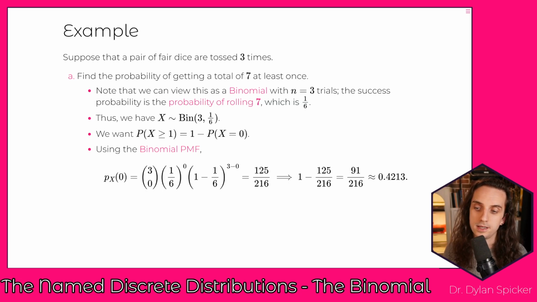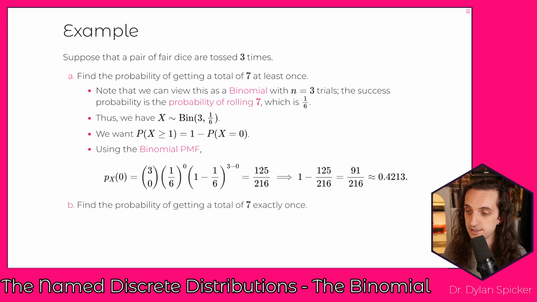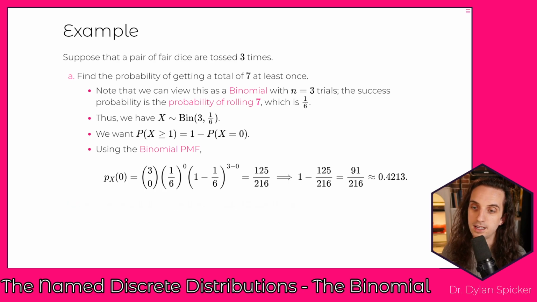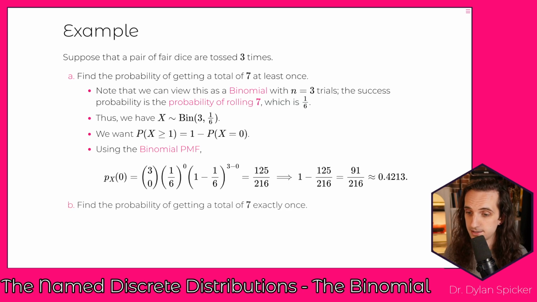Using the binomial PMF, we plug in 0 into that equation, right? That gives us 125 over 216, which tells us that the probability of the complement is 1 minus 125 over 216, which we could have as 91 over 216, or about 42%, right? So the probability of getting a 7 at least once is about 42%.